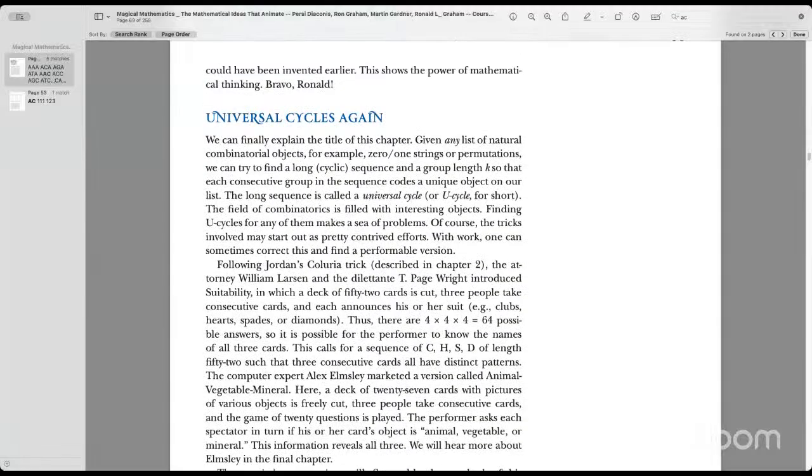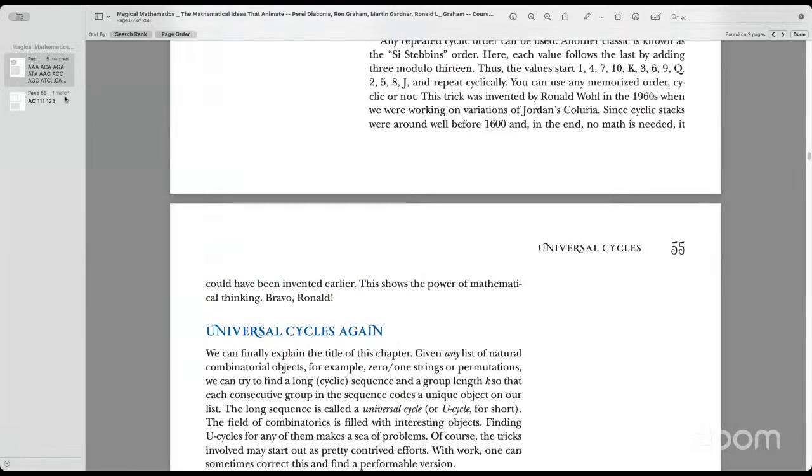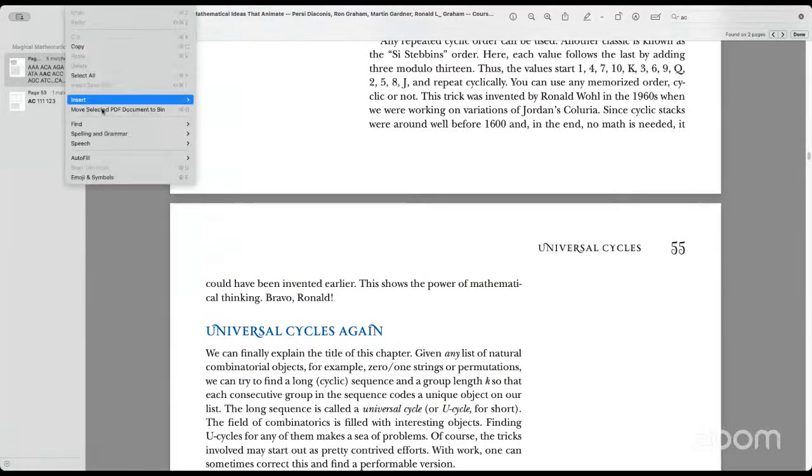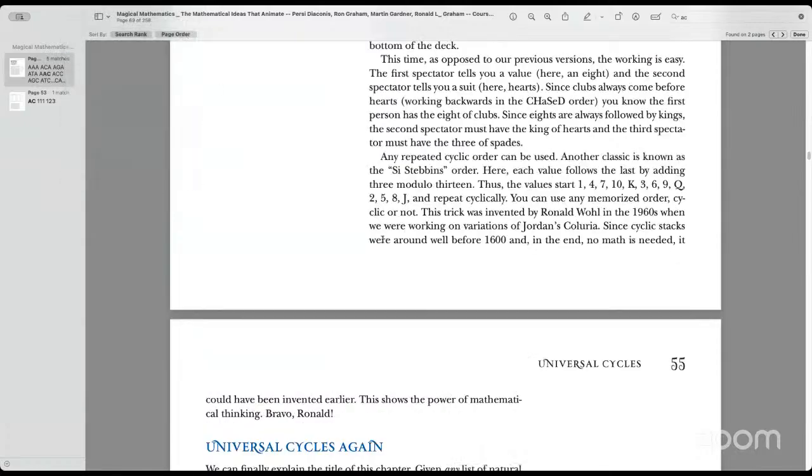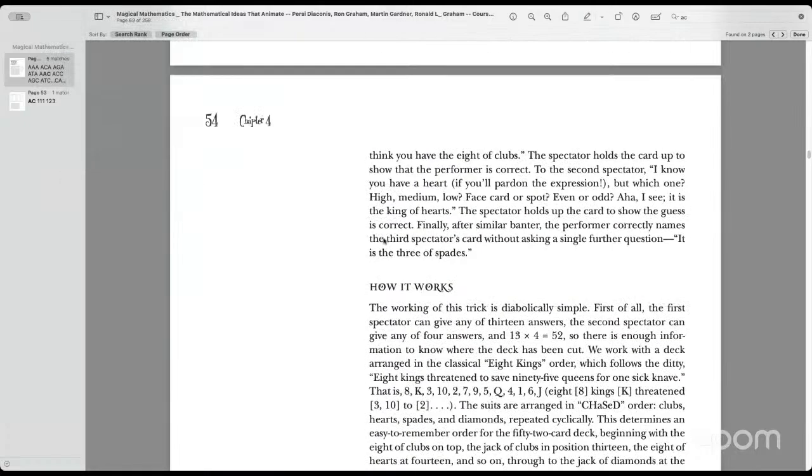All right, so welcome back, everyone. I think we're ready to get started. Just to anchor ourselves a little bit, today we are going to be talking about universal cycles. This is the last section of, I believe, the fourth chapter.